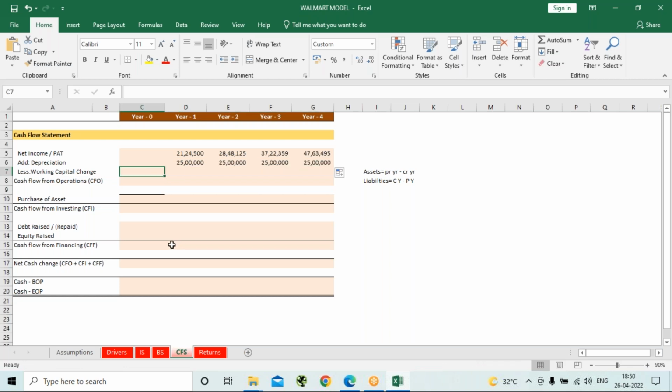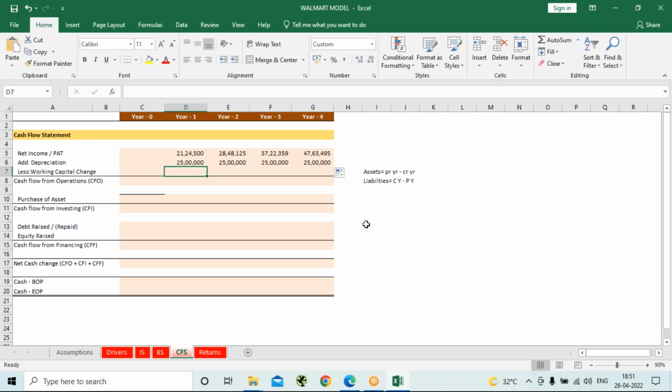And less working capital change. So how do we calculate the working capital changes? As we know, any values related to the liabilities and working capital show under the liability side, and I've given the formula on the right hand side: you take the current year value minus the previous year value.